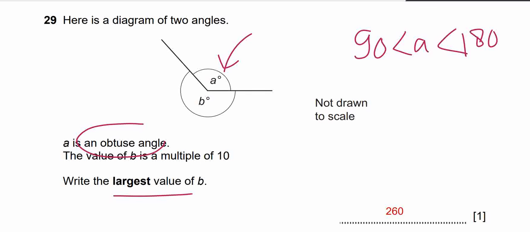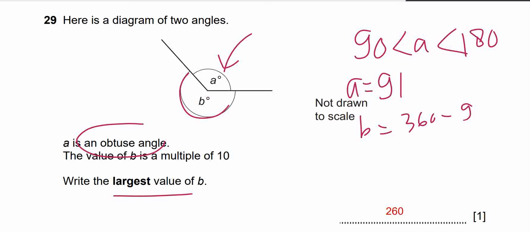So we get 91. Then B should make up 360 with A. So if A is 91, B will be 360 minus 91, which is around 269.